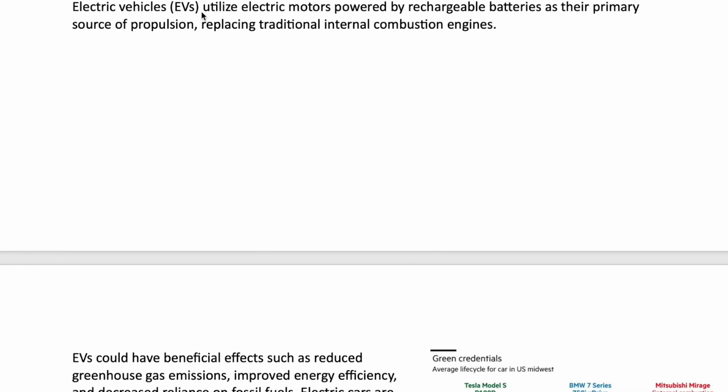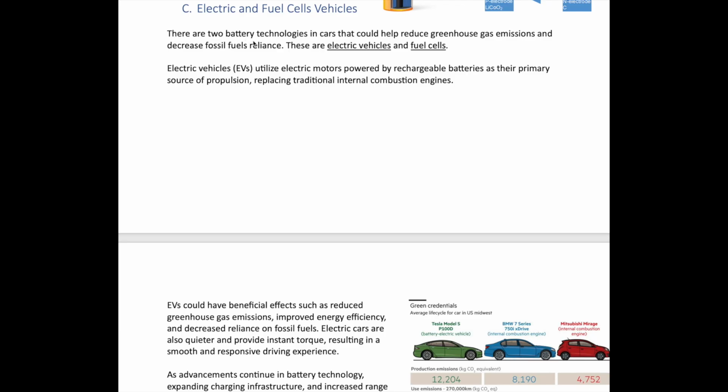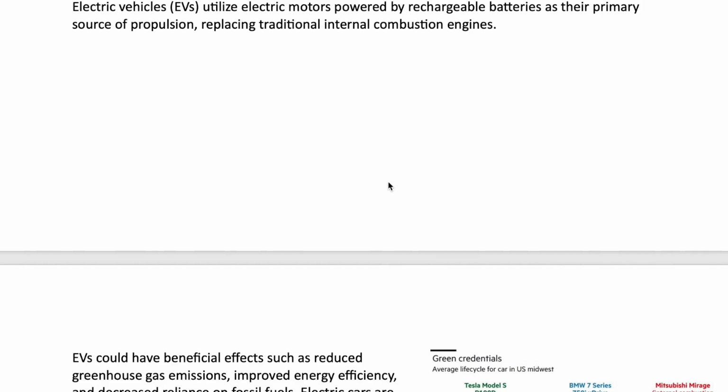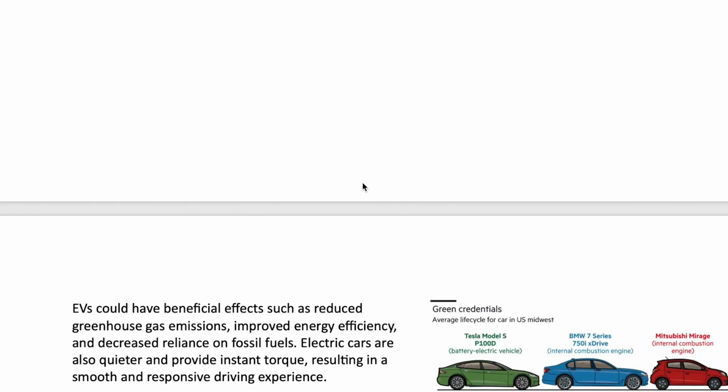Now, the other type of applications that we use that require understanding of redox reactions is electric and fuel cell vehicles. Electric vehicles, they use electric motors, but the motors are being powered by rechargeable batteries. So again, the batteries are the primary source of energy that provide that electric vehicle a way to move, and that replaces your internal combustion engines.